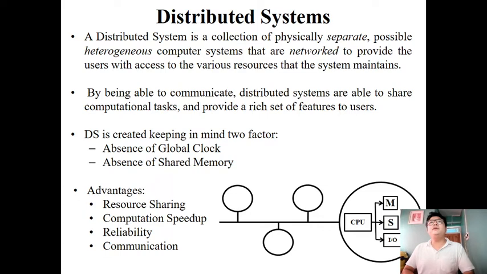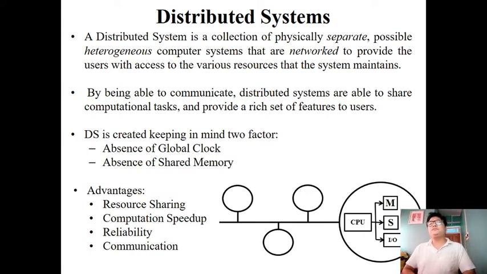Whenever anybody is designing a distributed system as shown in the diagram, they have to keep in mind that there is an absence of a global clock and an absence of shared memory. This means there is no common clock and no common memory location where each user of the computer systems connected via the network can store their information.